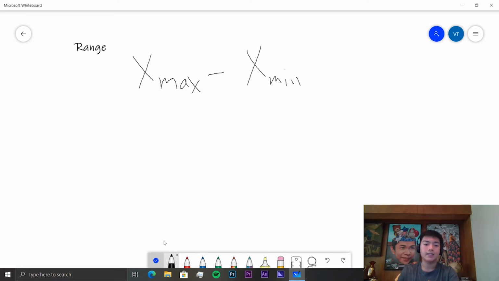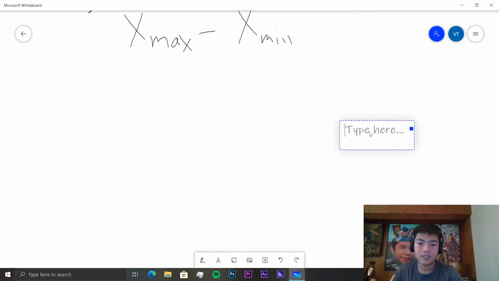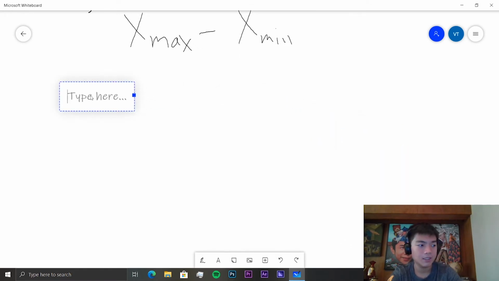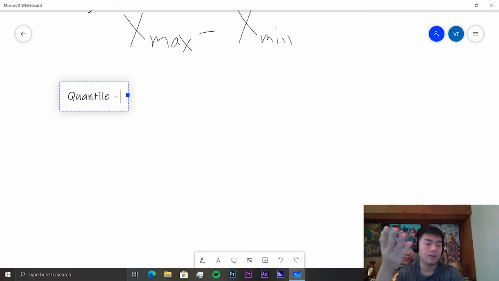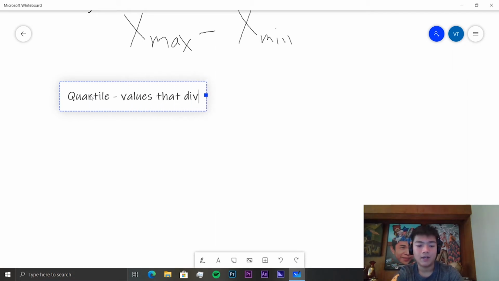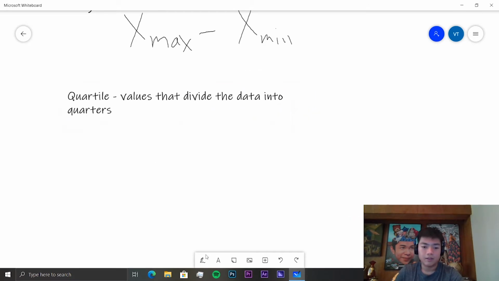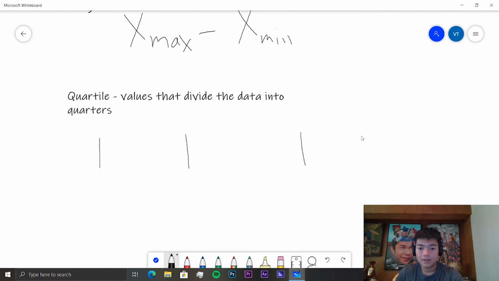Next is the interquartile range, but to talk about the interquartile range, we need to talk about quartiles first. A quartile is a quarter of the data. They are values that divide the data into quarters.